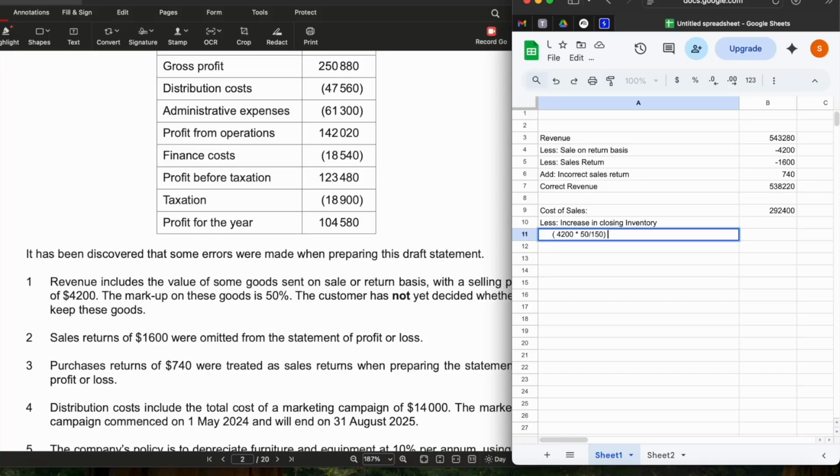If you calculate that amount, it will give you the profit included here, which is 1,400. So 4,200 is my sales amount, 1,400 was the profit included, so the cost of goods sold to my customer is 2,800. So I'll subtract 2,800 from my cost of sales.